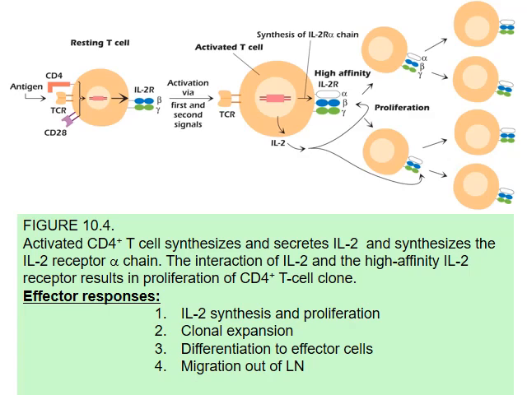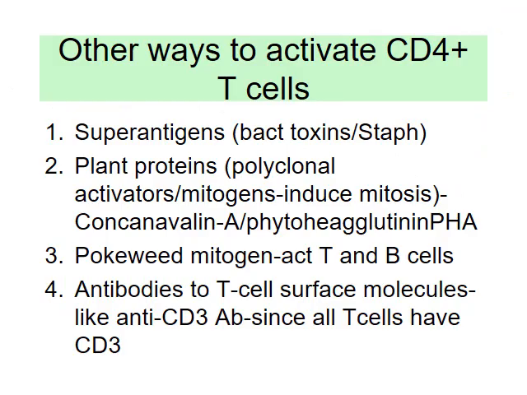Okay, so this is a normal pathway where your T cell receive the first and second signal. Now also remember, as we discussed earlier as well, so this is a repetitive slide, there are other ways to activate CD4 T cells as well. We talked about super antigens, and I said the most important is Staph aureus bacterial toxin.